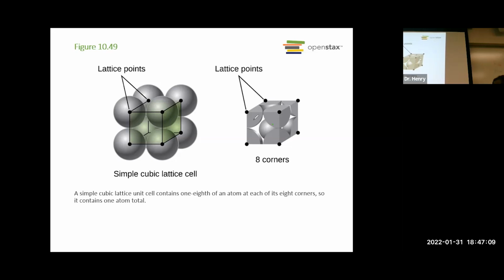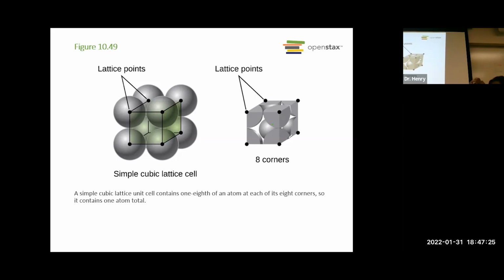Is it going to be half? Are you sure? A fourth, right? So then it should add up to a total of 1, 2, 3, 4. So it'll be a total of 1. That's right. So do you see why it's a fourth?